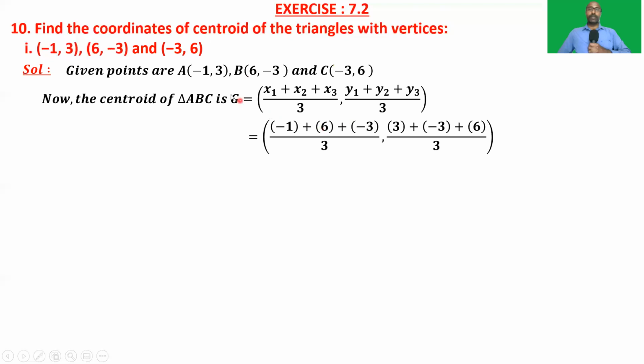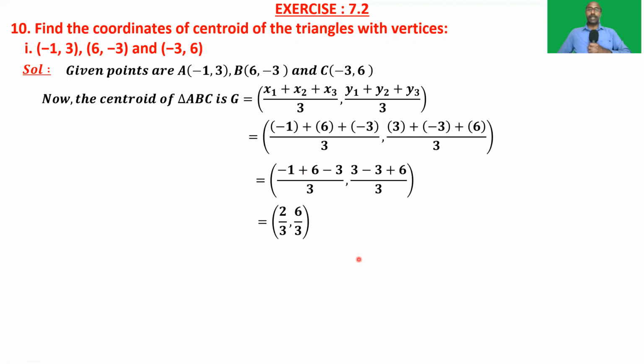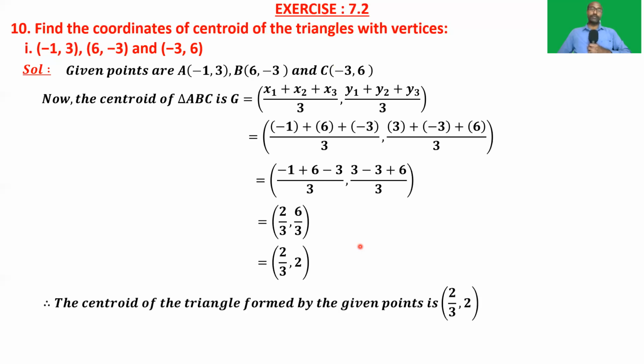Substituting x1 is -1, x2 is 6, x3 is -3, y1 is 3, y2 is -3, y3 is 6, we write (-1 plus 6 minus 3 by 3, 3 plus -3 plus 6 by 3). That is (2 by 3, 6 by 3), and 6 by 3 is nothing but 2. So the centroid of the triangle with the given vertices is (2 by 3, 2).